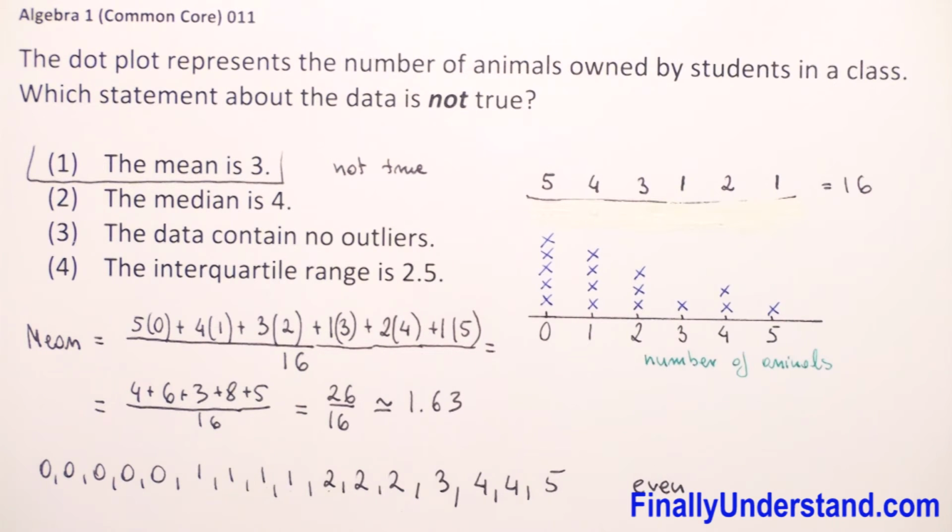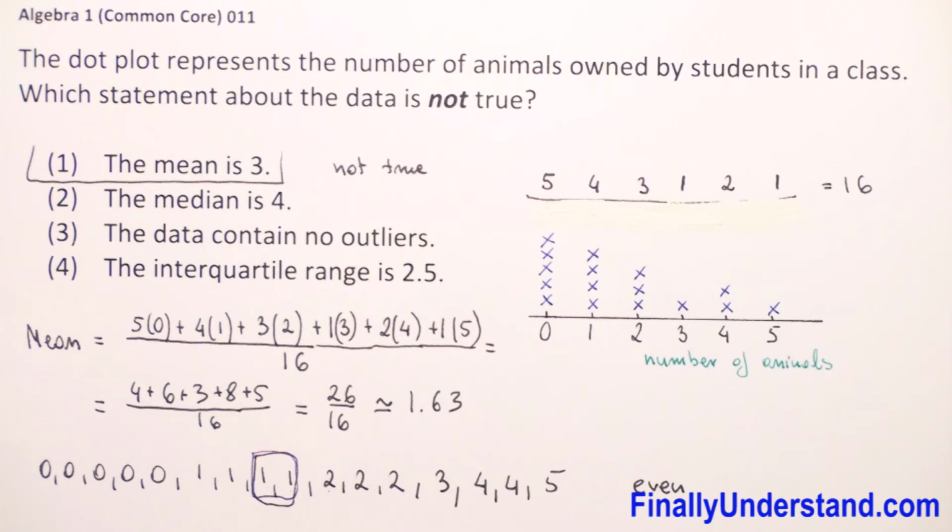So it means divide by 2. So the middle pair of numbers will be what? We have 16 data, so it will be the 8th and 9th values: 1, 2, 3, 4, 5, 6, 7, 8 and 9. This is the middle pair.